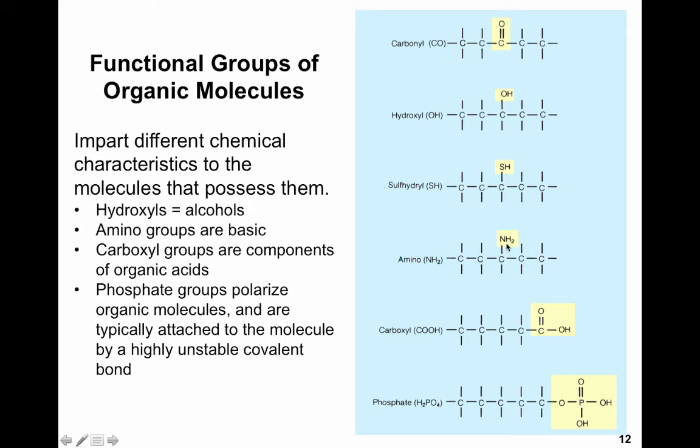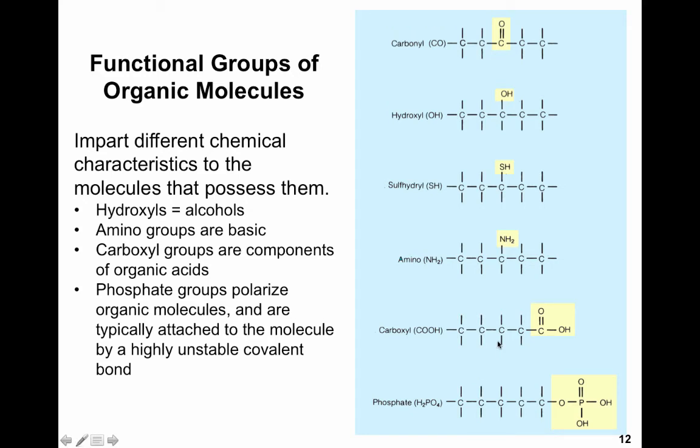So amino groups are NH or NH2, and carboxyl groups are a carbon double bonded to one oxygen atom and single bonded to an OH at the end of the molecule. It has to be at the end for this to be a carboxyl group. And carboxyl groups are really important because these are organic acids.